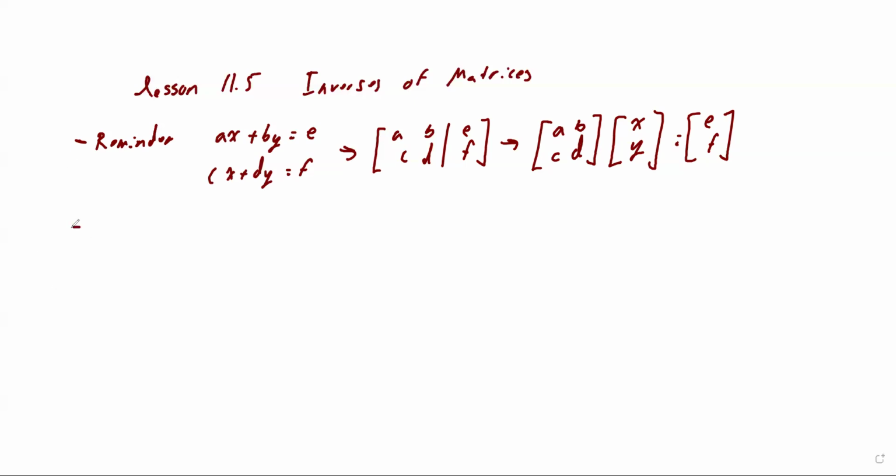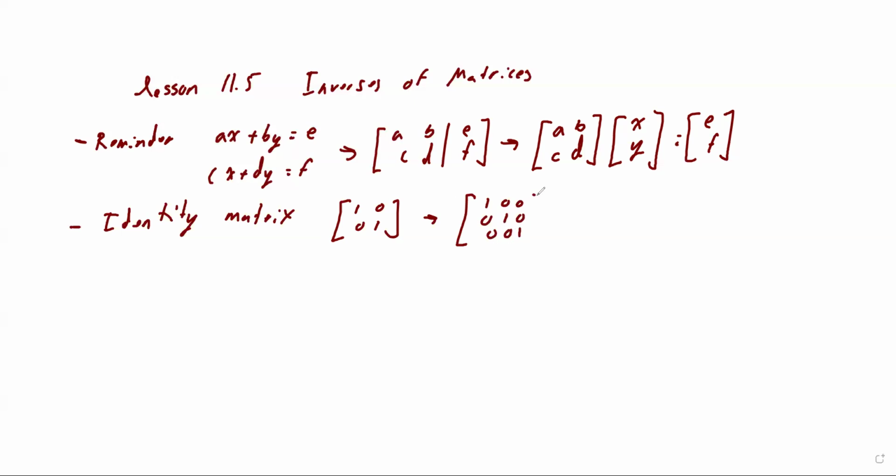So the next thing you need to know is an identity matrix, what it looks like. The identity matrix is basically a matrix with a diagonal of ones and triangles of zeros. So for a two by two, it's written like this. A 3 by 3 is written like this. A 4 by 4, if you happen to get one of those.